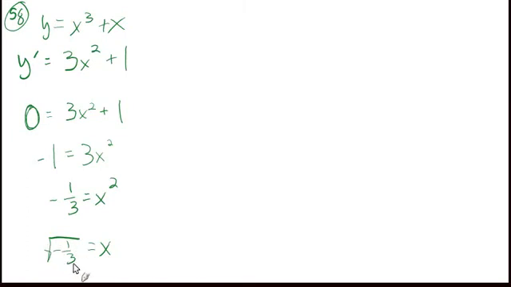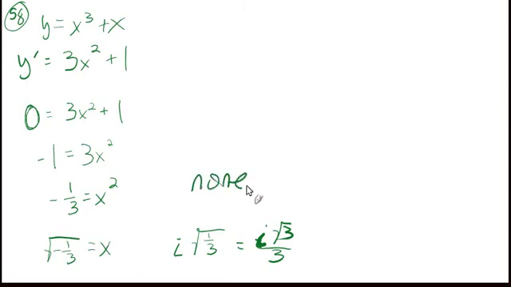This would be i root 1/3, or i root 3 over 3, and this is not going to work. So that's not a real value. There are no real values of x that have a horizontal slope for the tangent line at that point. So, none would be the answer.